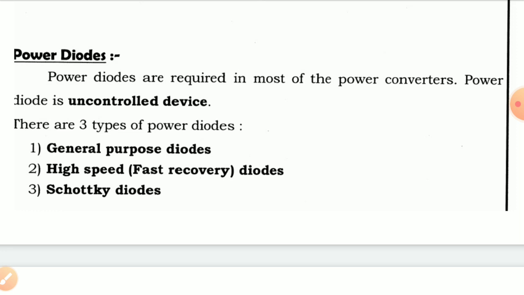There are three types of power diodes: the first is the general purpose diode, the second is the high speed or fast recovery diode, and the third is the Schottky diode.